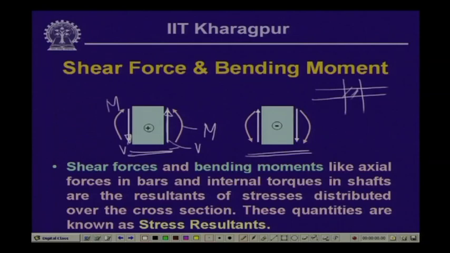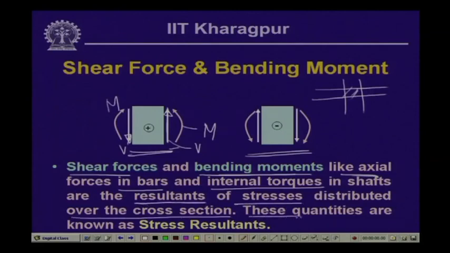As we have seen, shear forces and bending moments, like axial forces in bars and internal torques in shafts, are the resultants of stresses which are distributed over the cross section, and these quantities are known as stress resultants. When beams are subjected to transverse loading and we are interested in evaluating the internal stresses, if we take sections there will be stress resultants, because at this moment we are not in a position to evaluate the stresses directly.